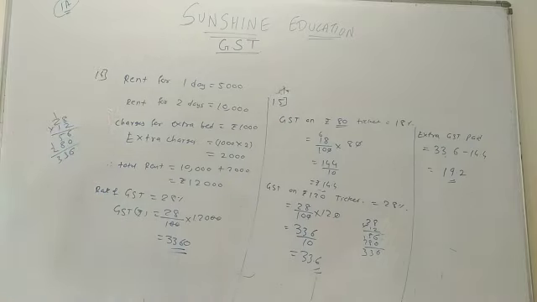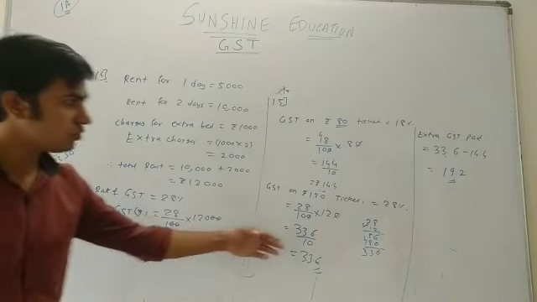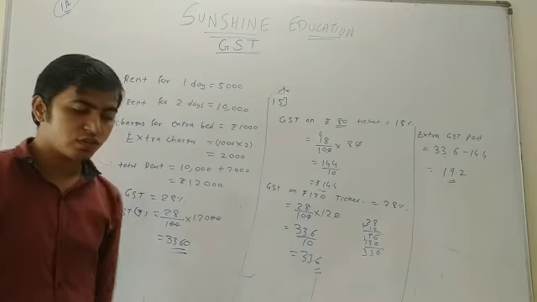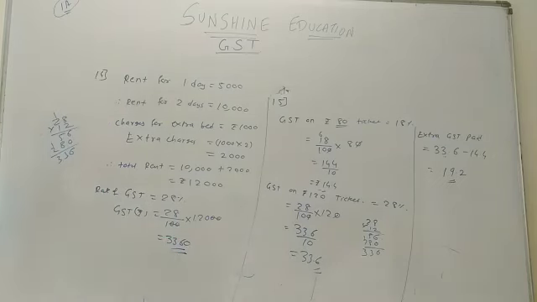So the extra GST paid is 19.2 rupees. That's it. This was the 14th one, this was the 15th one, and with this we finish exercise 1A. Thank you. Now in the next video we will see the next exercise.